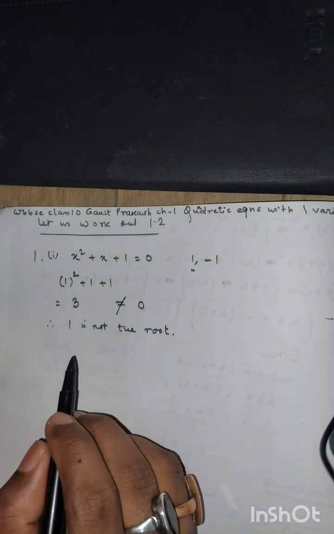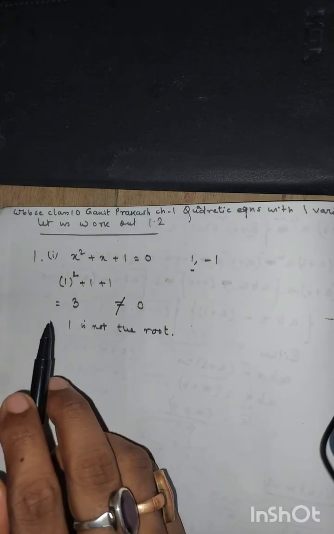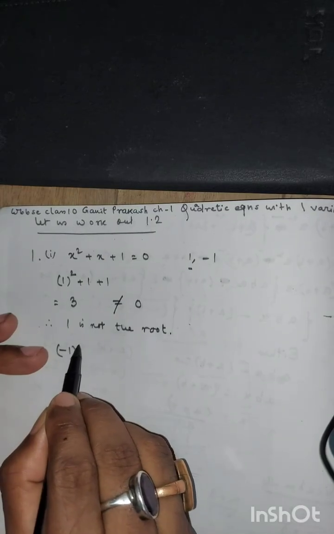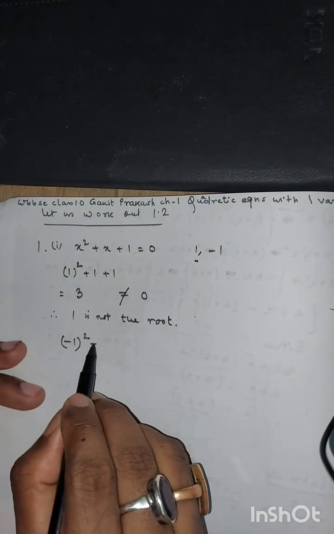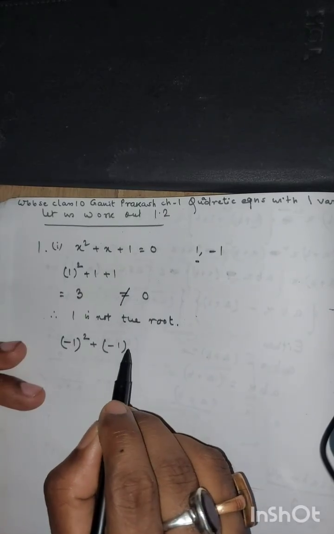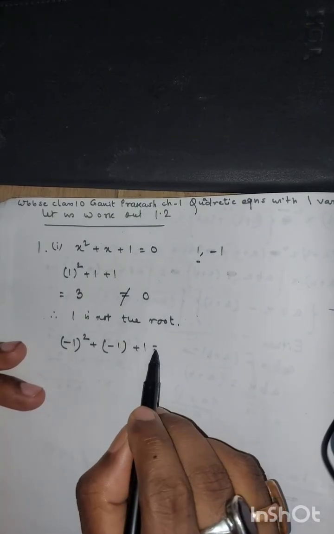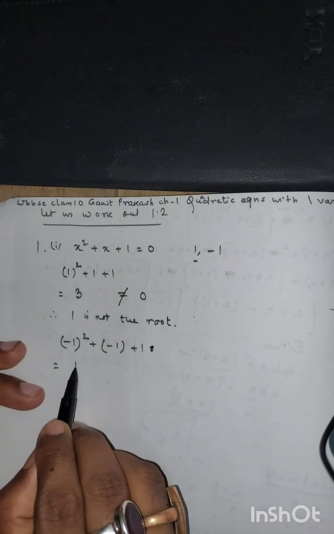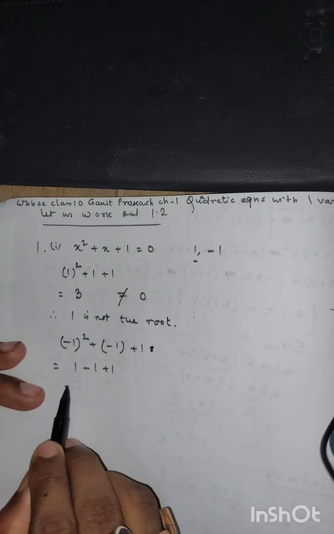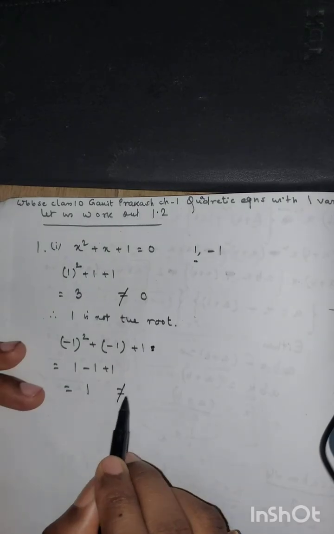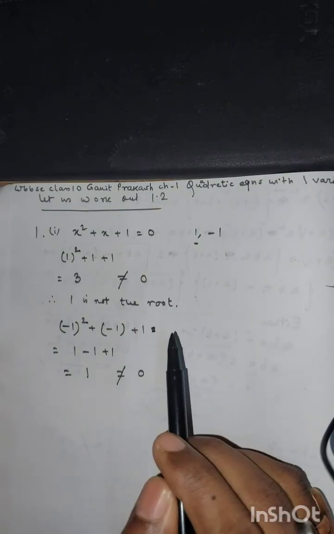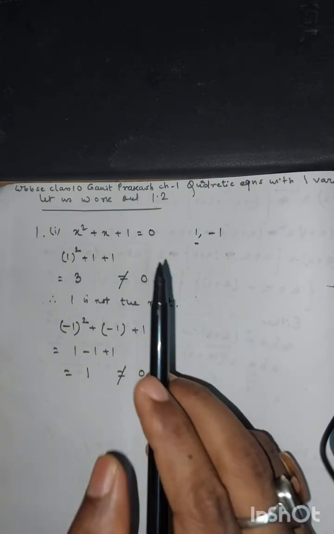Now let us put minus 1 in place of x. Which is again not equal to 0. So LHS is not equal to RHS.